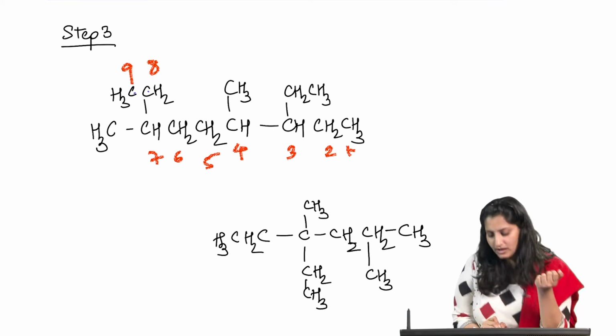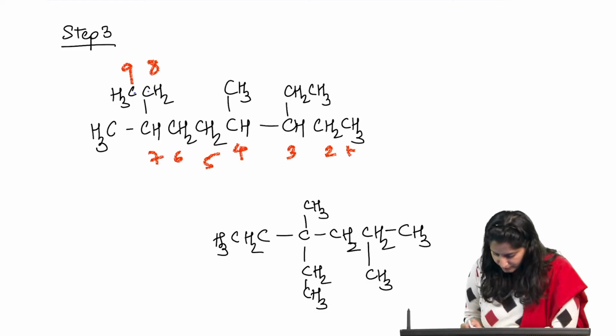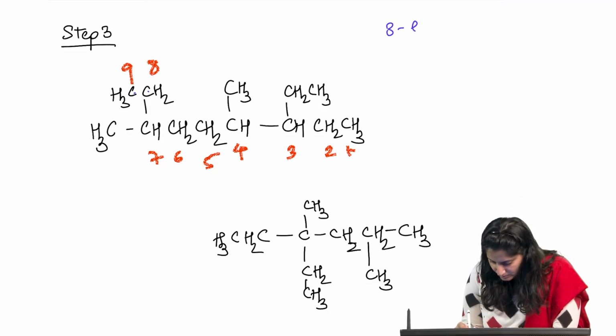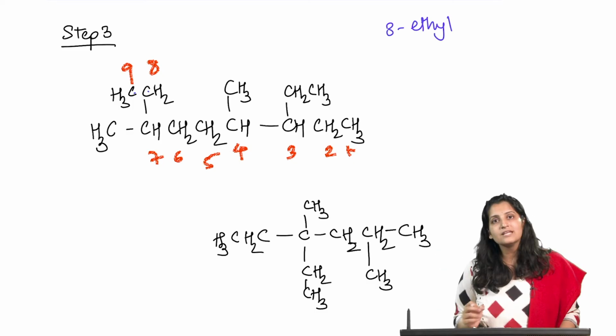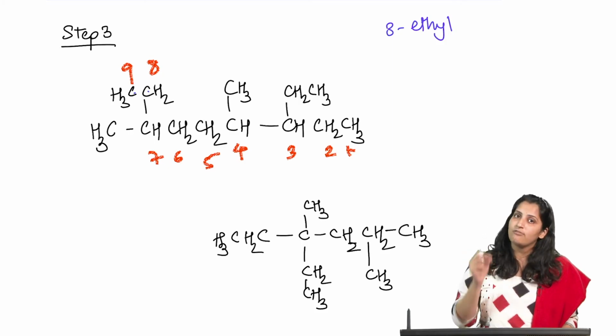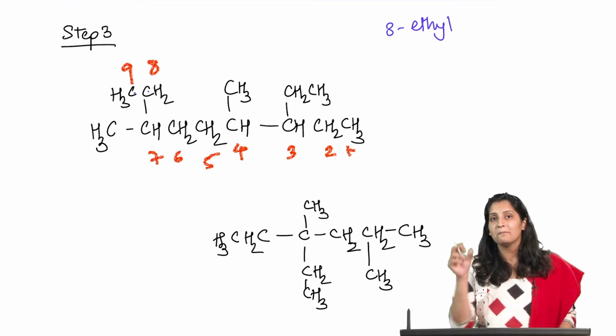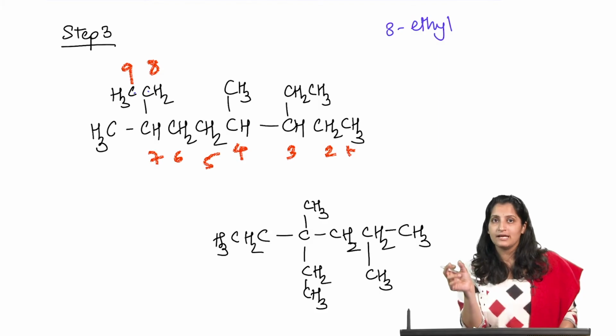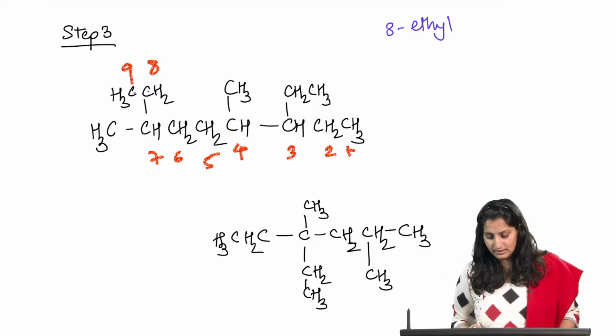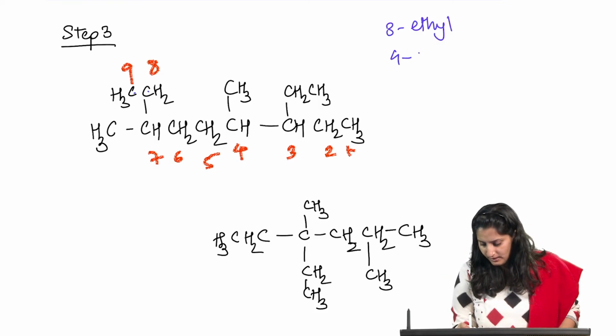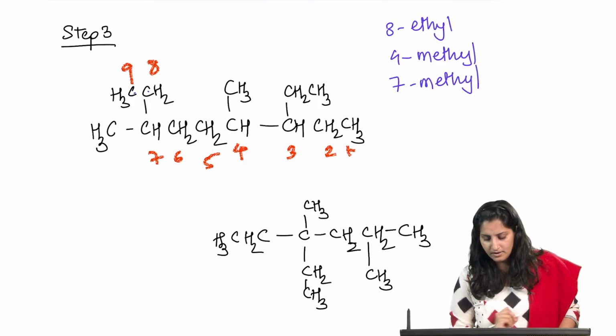Now, on the third carbon there is an ethyl group. Whenever there is a substituent, you end it with YL because it is not a complete alkane, but it is a part of the alkane, right. So, in this case you have 3 ethyl, you have 4 methyl and you have a 7 methyl group. Okay.